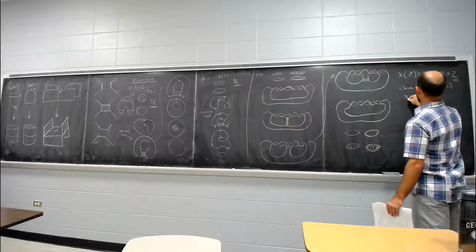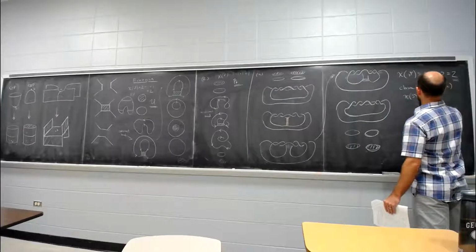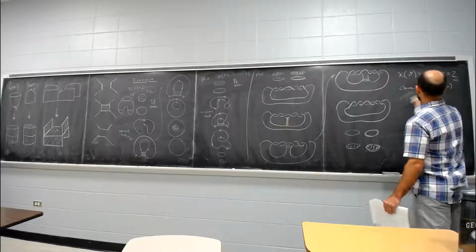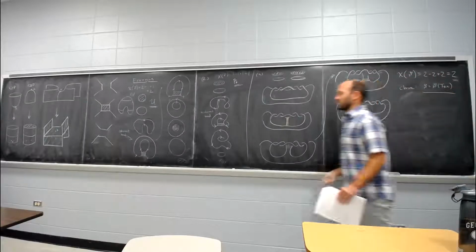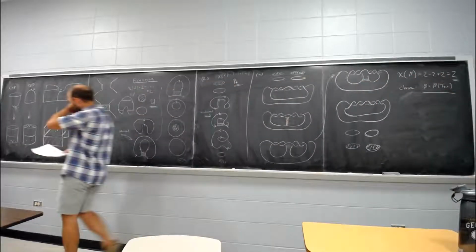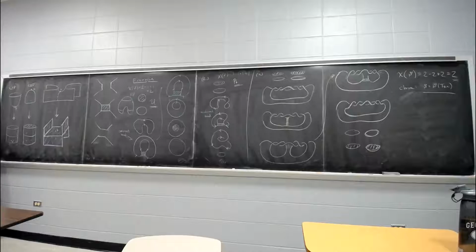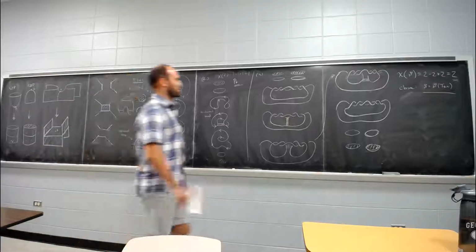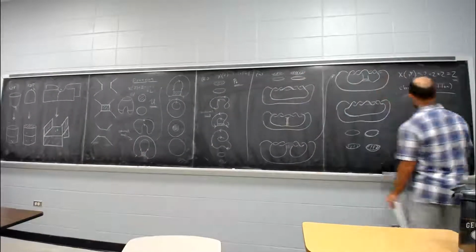In particular, pi 1 of S4 minus, well, yeah. The claim is that this is the spin. I didn't think about whether that should be an exercise or not. Yeah, I think this is actually approachable as an exercise.